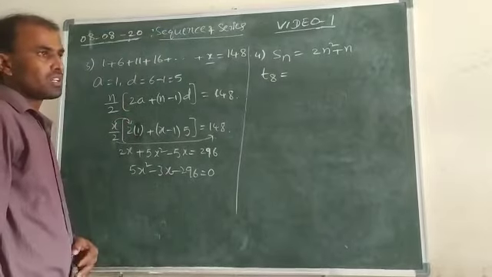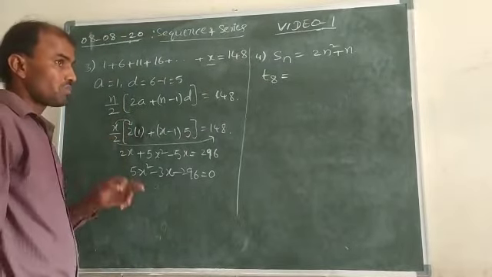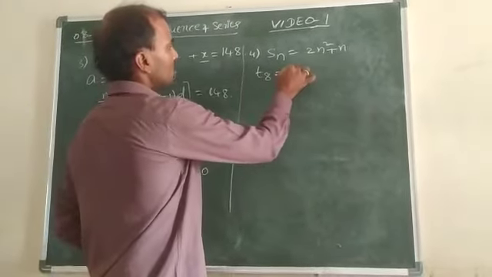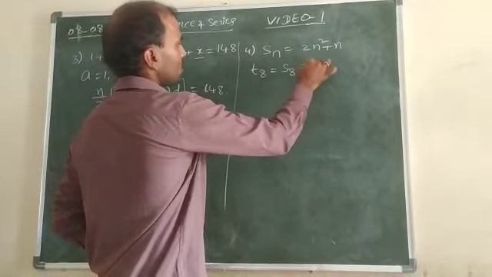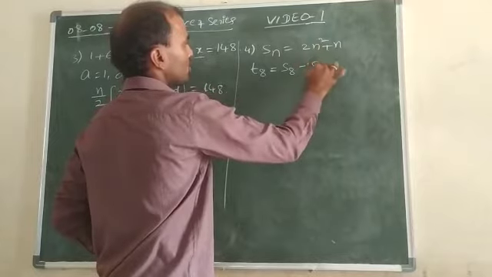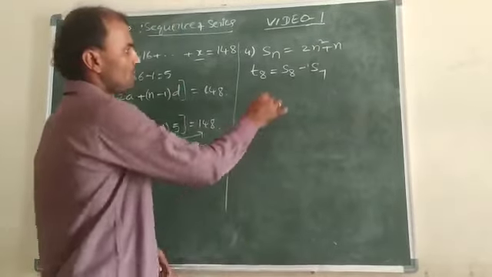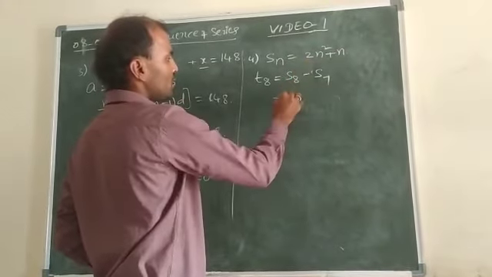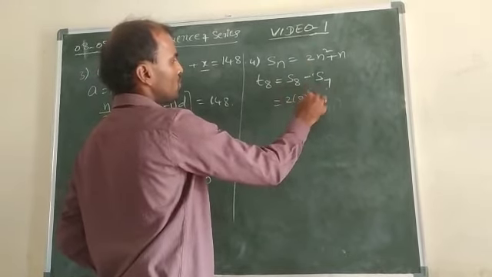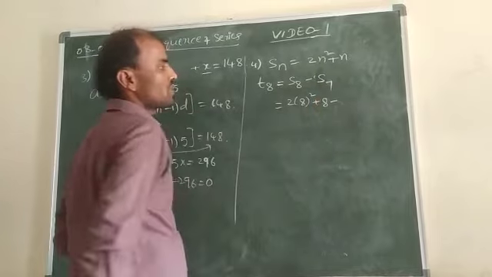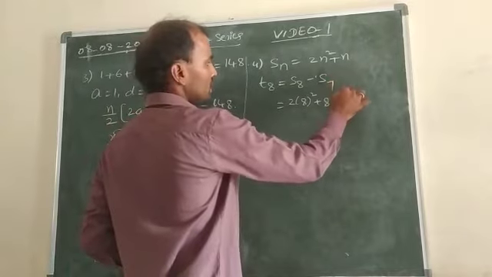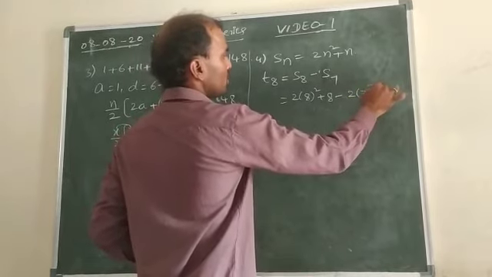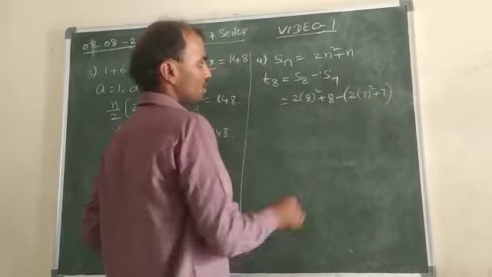Now, what is the T8 formula? Tn is equal to Sn minus S(n-1). So T8 is equal to S8 minus S7. Now, what is Sn given? 2n square plus n. S8 means replace n by 8: 2 into 8 square plus 8, minus S7. S7 means 2 into 7 square plus 7. So take brackets.